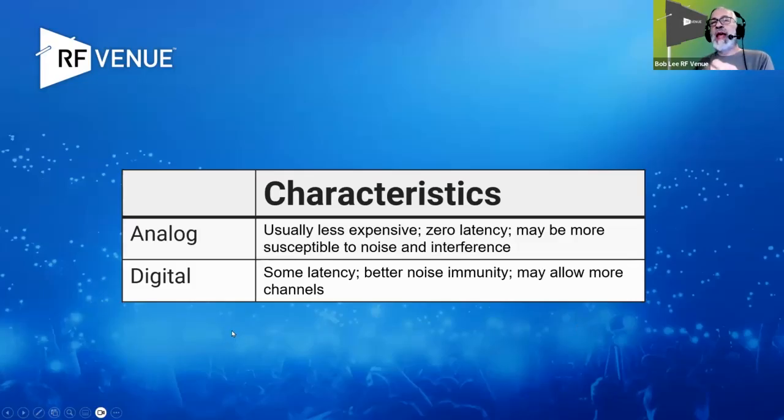Digital systems have some latency because there is a finite time it takes to sample the analog signal, measure it, convert it into data, and get that sent on its way. It's not a big problem anymore these days.